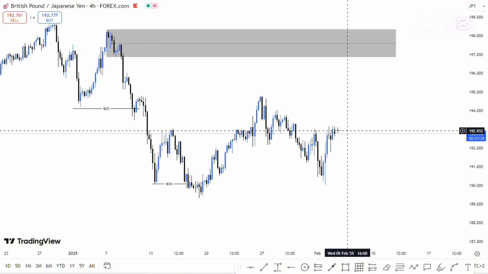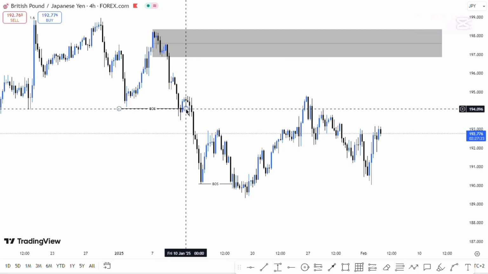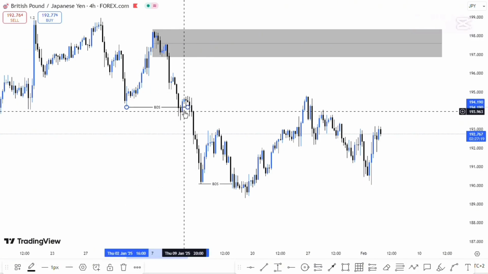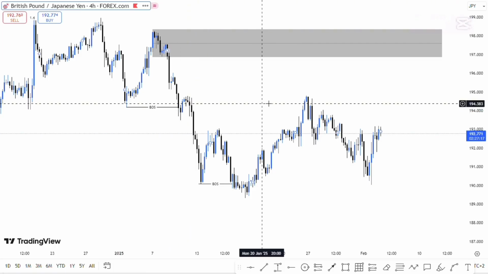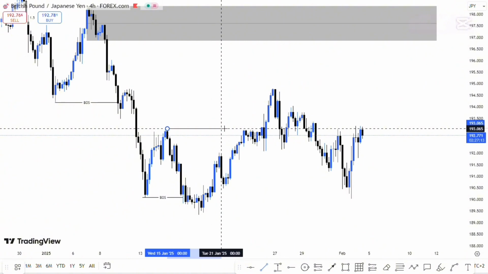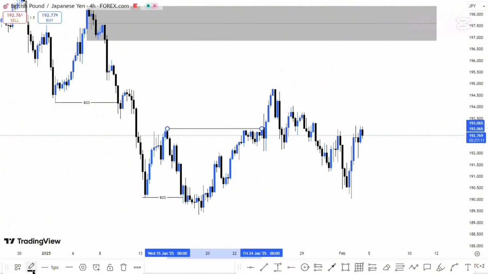Now looking from the daily time frame, you can see how we got this last break of structure, and now GBPJPY gave us a change of character by breaking this high.